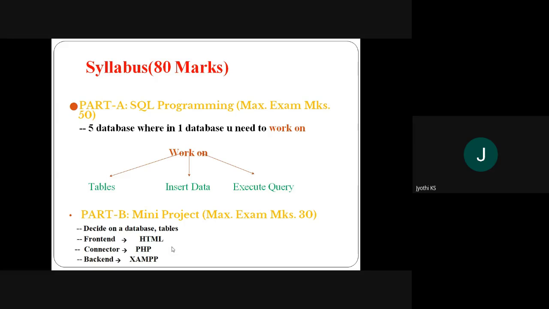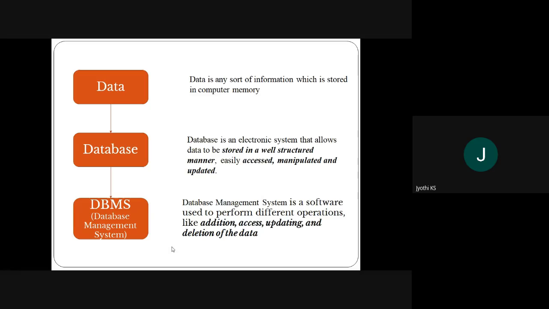Let me introduce part A. All of us know that data is any useful information which is stored in the computer's memory. And a database is an electronic system that allows data to be stored in a well structured manner that can be easily accessed and manipulated.